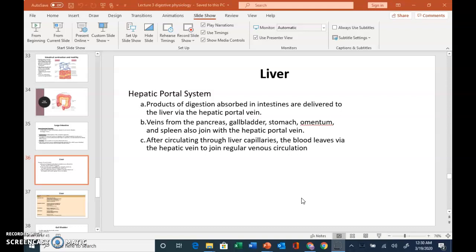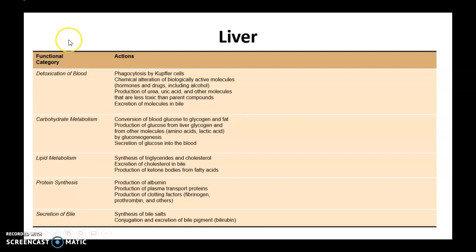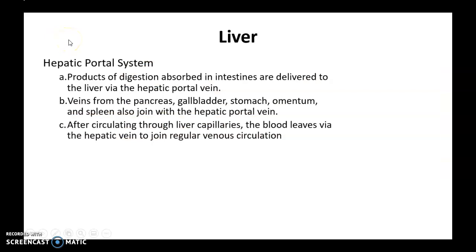Different veins from multiple organs like the pancreas, gallbladder, stomach, and omentum join to form a vein called the hepatic portal vein. Students, I want you to remember that the hepatic portal vein is not the hepatic vein.